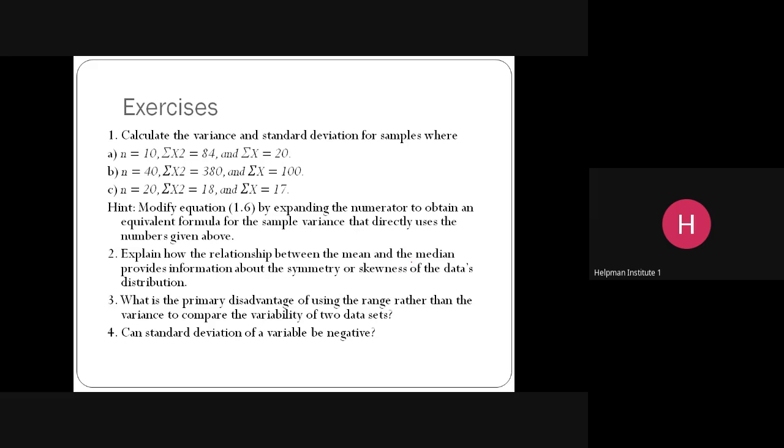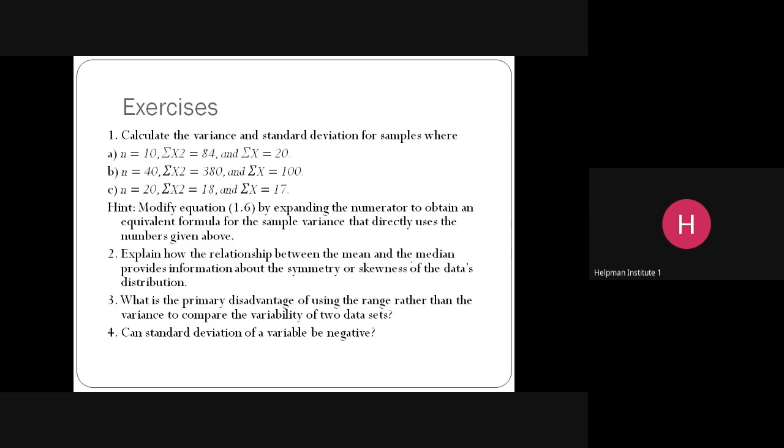Now, secondly, we will explain how the relationship between the mean and the median provides information about the symmetry or skewness of the data's distribution. Number 3 says, what is the primary disadvantage of using the range rather than the variance to compare the variability of two data sets?